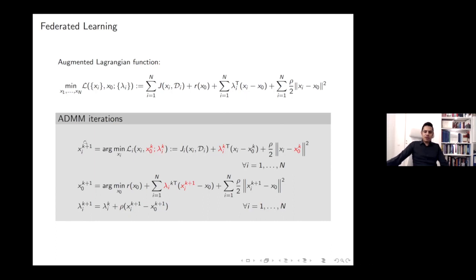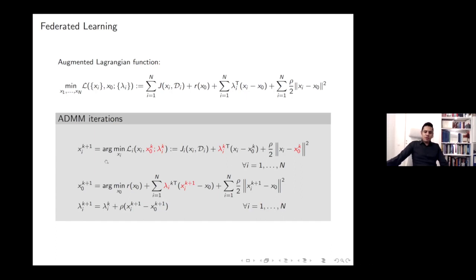And then once you have the updated solution for xi for all the local subproblems, you then update the value for the central collector x0, where you have this regularization term and the same constraints, which are minimized with respect to x0 by fixing xi from the current iteration. And once you have the updated x0, you can then update the Lagrange multipliers as well by using the new values of xi and x0.